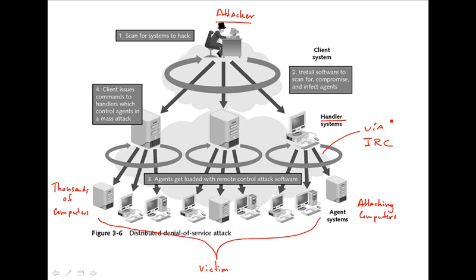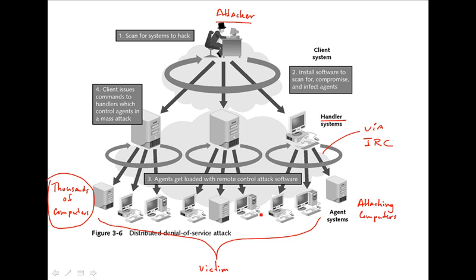So here's pretty much what you have. You have an attacker that's basically in control of hundreds, if not thousands, of computers that can do a number of things. And the software that's actually running on these compromised computers is getting much more complicated and capable.